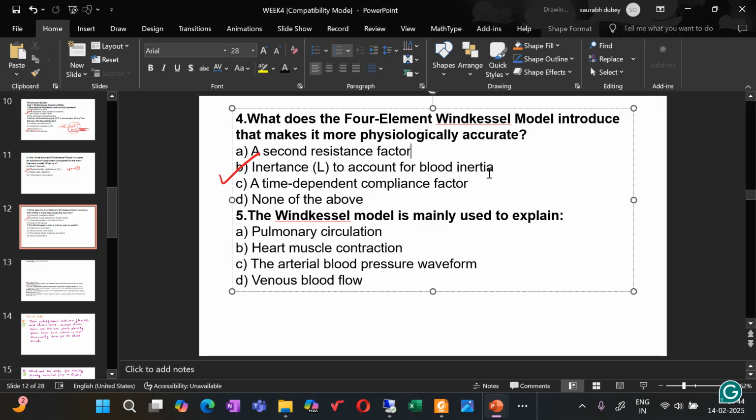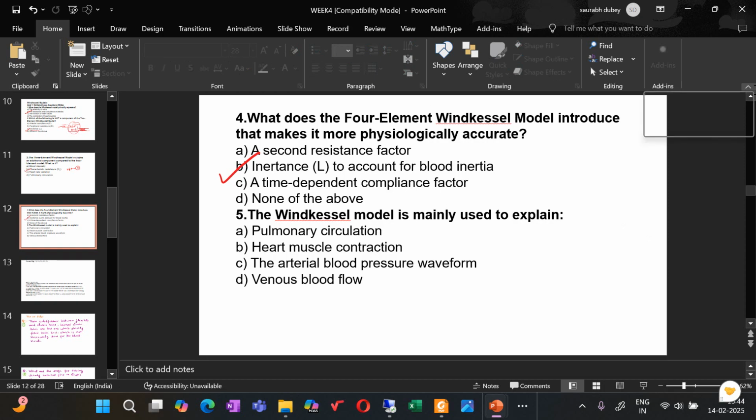A physiological representation of blood refers to how blood is modeled or described in terms of biological and physical properties.